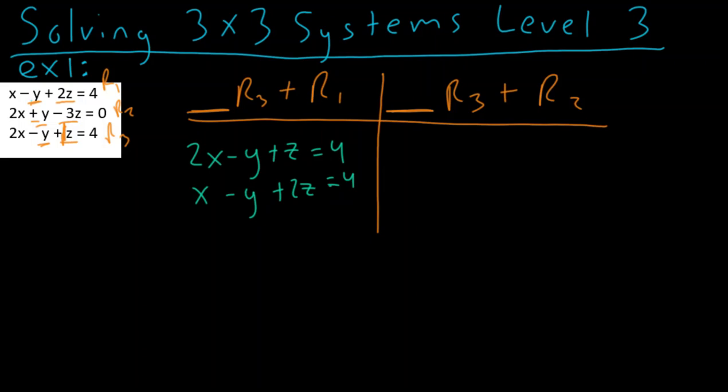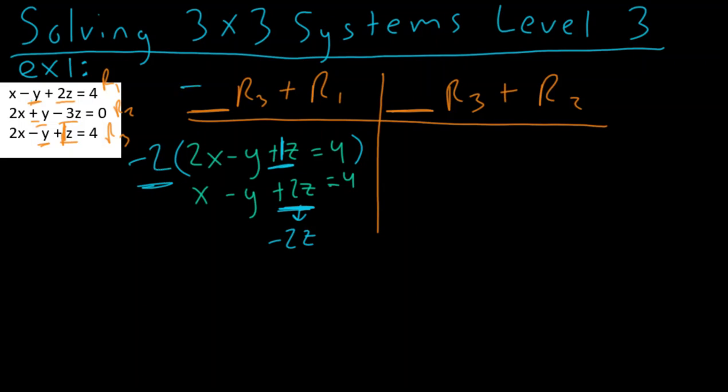So my question that I'm asking here is, what in the world cancels out a positive 2z? Well, I know the thing that cancels out a positive 2z is in fact a negative 2z. And so the question I'm going to ask is, what can I multiply positive 1 by so that 1 times something gets to negative 2? Well, 1 times negative 2.